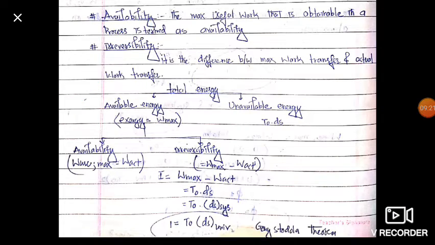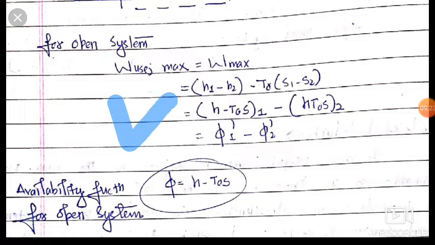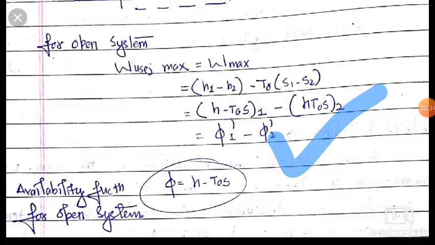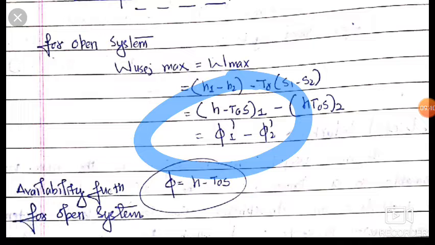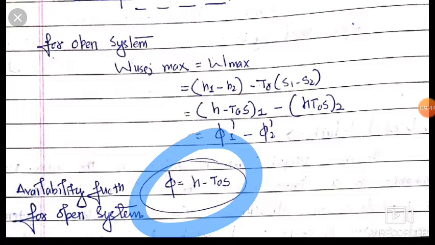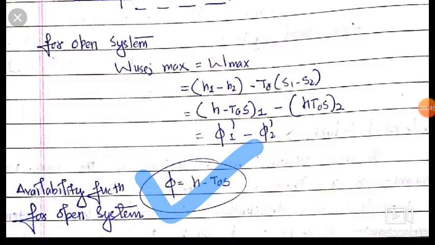Okay friends, and we will rearrange this equation. H1 minus T naught S1 here and H2 minus T naught S2 here. We are rearranging, and friends, this is phi 1 dash minus phi 2 dash here, and phi dash is H minus T naught S, and this is the availability function for open system.